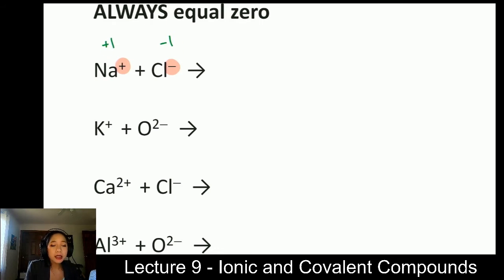So the completed chemical formula for an ionic compound containing sodium and chloride will be sodium chloride. See, I didn't put the 1s there. Just writing the chemical symbol implies that there's 1 of each atom.